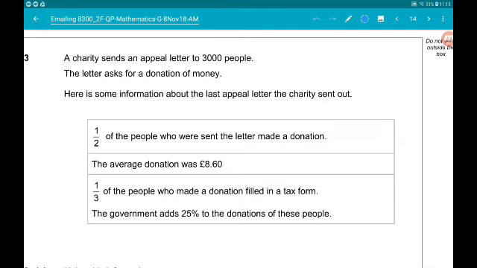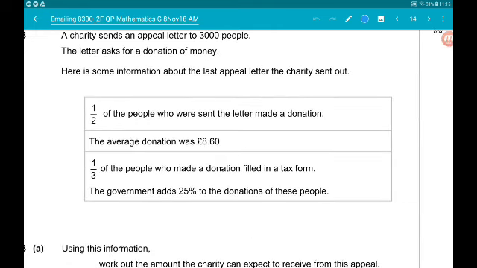A charity sends out an appeal letter to 3,000 people. The appeal asks for a donation of money. Here is some information about the last appeal that the charity sent out. Half of the people who were sent the letter made a donation.